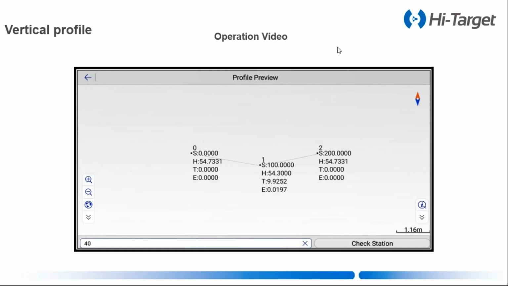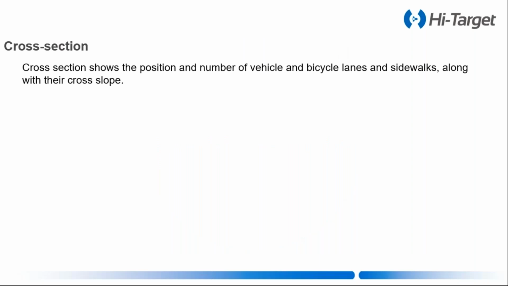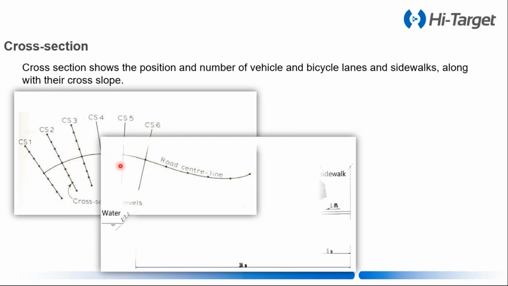After the vertical profile, the next part is cross section. Let's see the cross section. There is a picture. You can see this is the center line, and at different stations we can get the cross section.